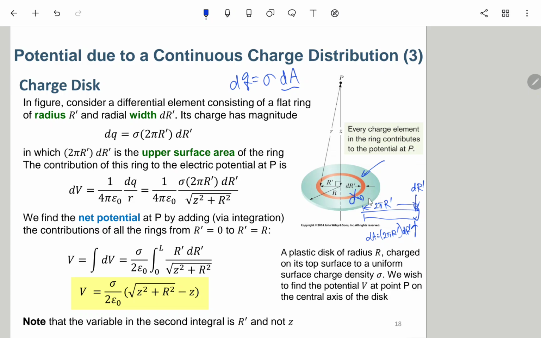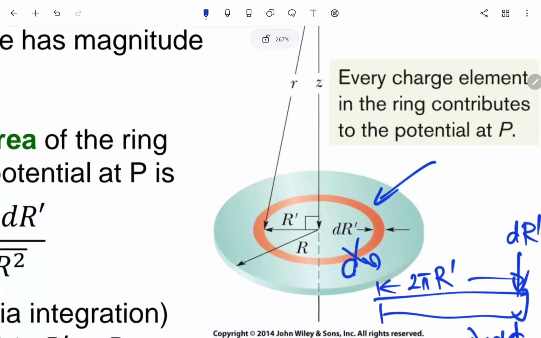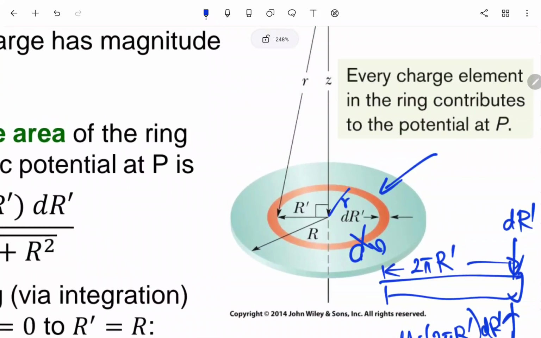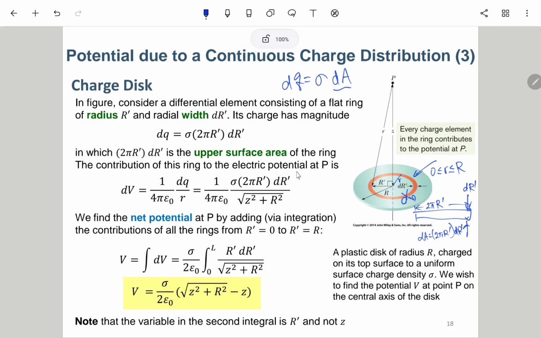Actually, this r is referring to the radius of this ring. This capital R means the radius of the disk. So this small r is between 0 and capital R. You sweep r from 0 to capital R so that the rings combine together to be a full disk.